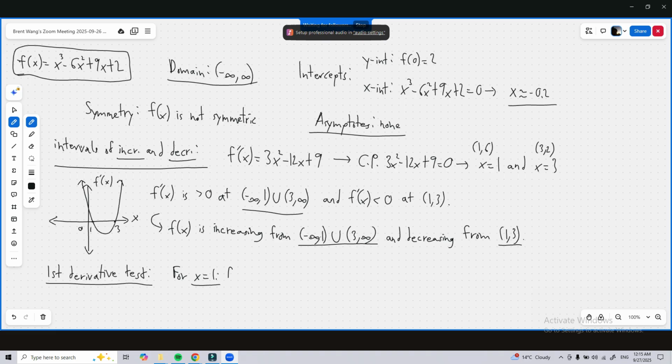So f of x increases before x equals 1 and then decreases after x equals 1. So therefore, 1, 6 is a local maximum. Okay, now we have x equals 3.